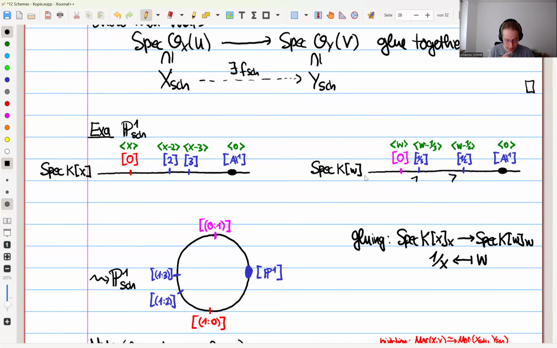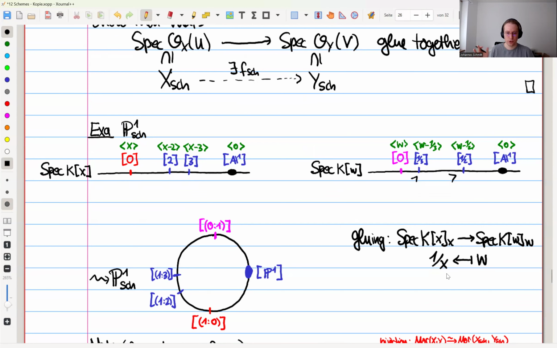And so we have this copy here, this copy, and how they fit together. Well, we take the complement of 0 in one copy, the complement of 0 in the other copy, and then the map of rings between them is the map which sends W to 1 over X.